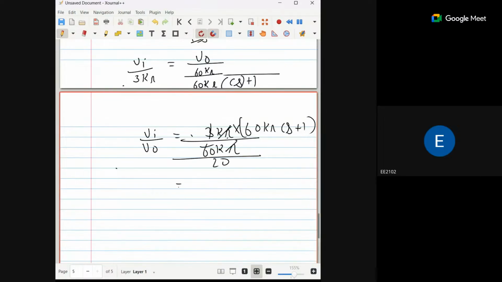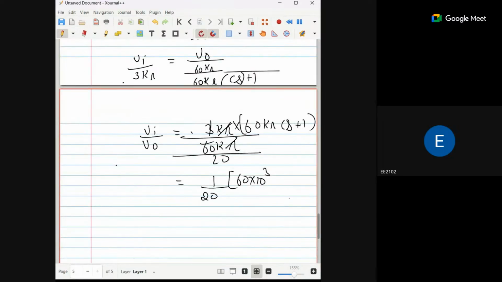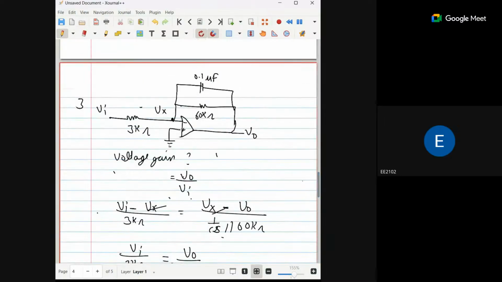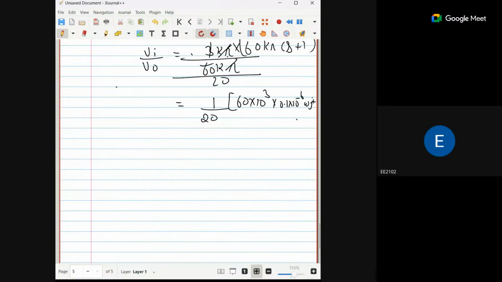So 1 upon 20, 60 into 10 to the power 3 into C value, which is 0.1 microfarad, 0.1 into 10 to the power minus 6, and S is j omega, plus 1.